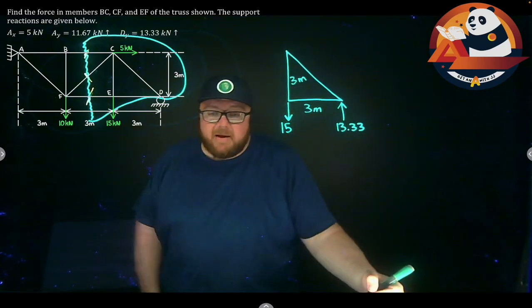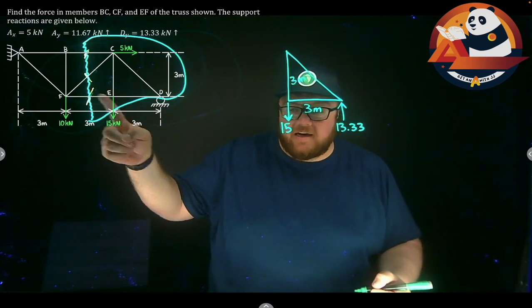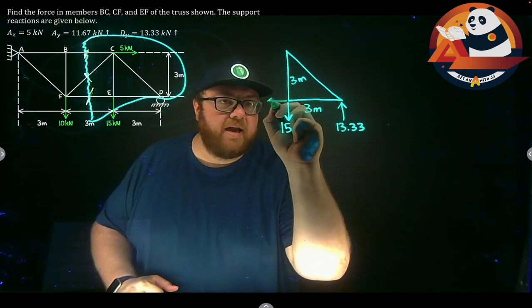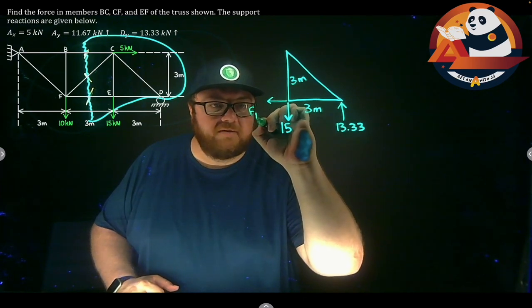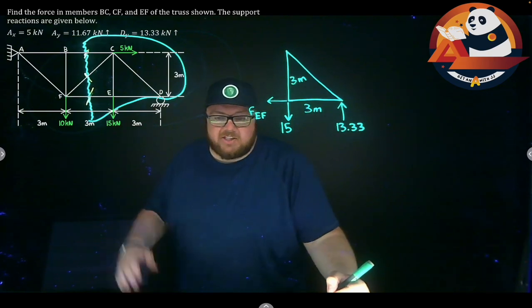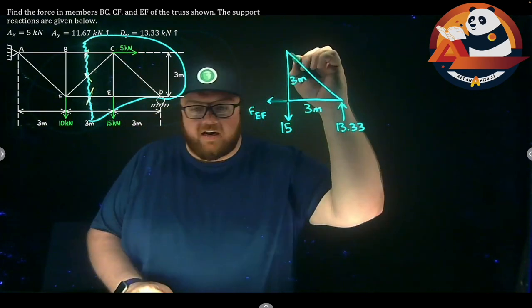And then I can start getting my members that I cut. As I leave E, somewhere between E and F, I cut member EF. So that'll be a force for us, FEF, force in member EF. I also cut through member CF up here at C, so I need to get in a force here.